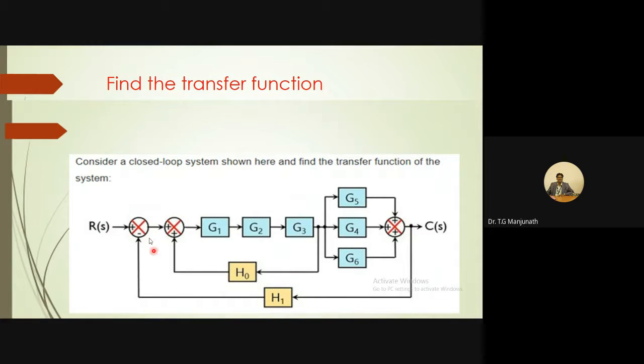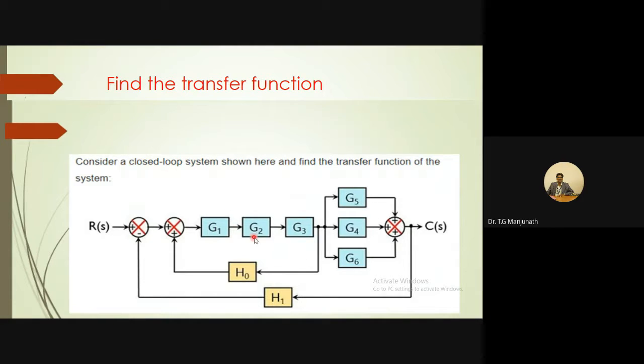Now look at this diagram. Here blocks G1, G2 and G3 are considered as series blocks. Whenever the blocks are in series, you have to multiply the block values. To take blocks in series, between the blocks you should not have any takeoff point or summing point.